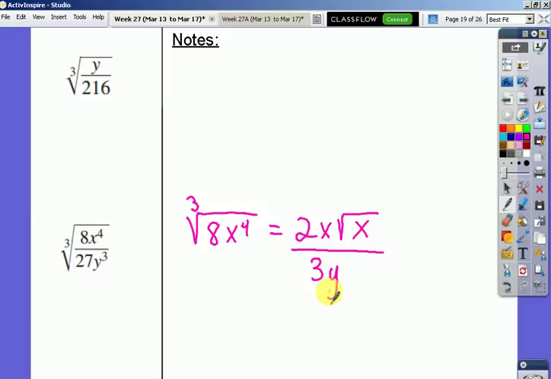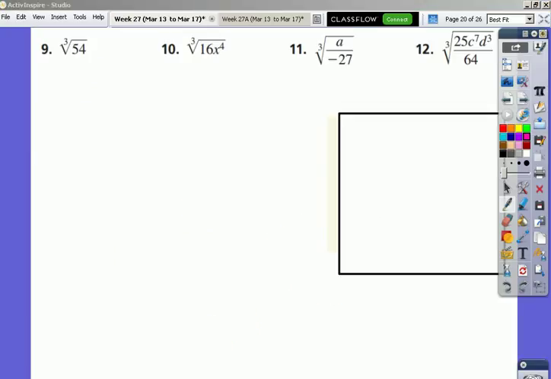Alright. I think there might be one that I want you to practice on. We'll see. We're going to take a look at 11 and 12. 11 is a fraction, so I know I have to break that up into two separate cube roots. Again, remember your indices. So I have the cube root of a over the cube root of negative 27.